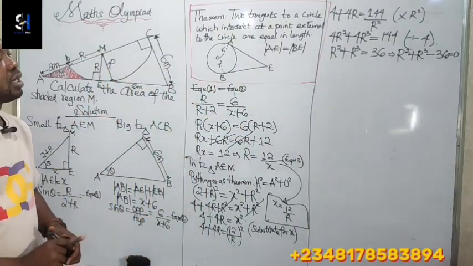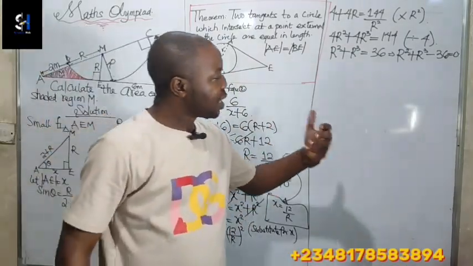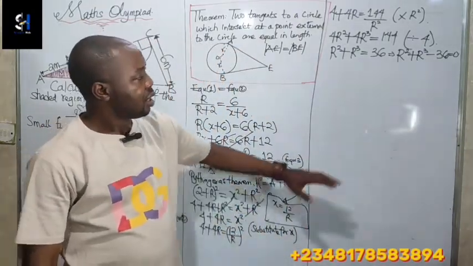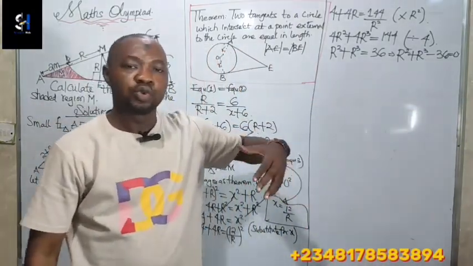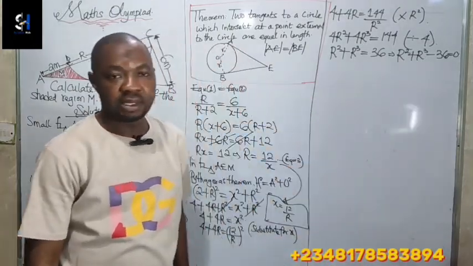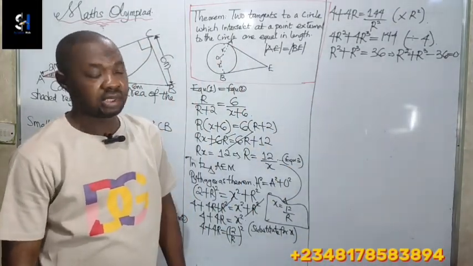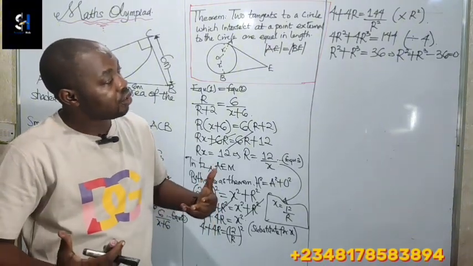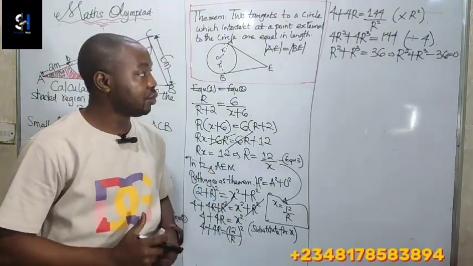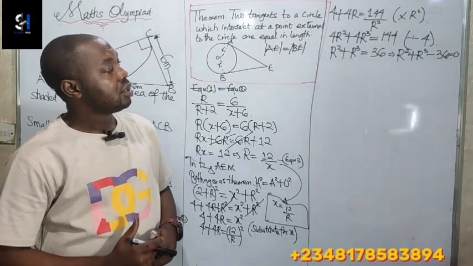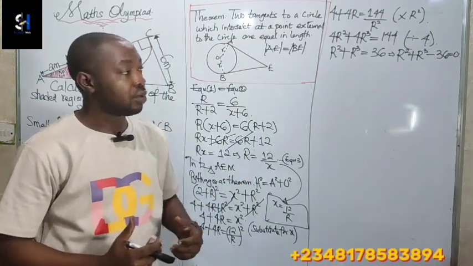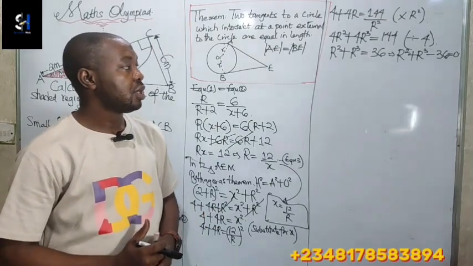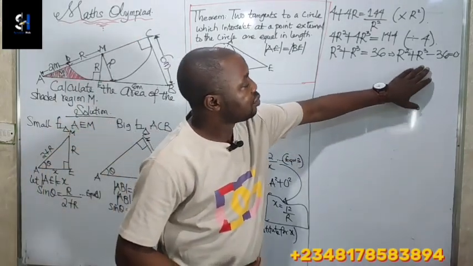Now, can we solve an equation like this? The answer is yes, it's possible, but it will require your ability to think out. Now we have square of r plus cube of r minus 36 equals 0.